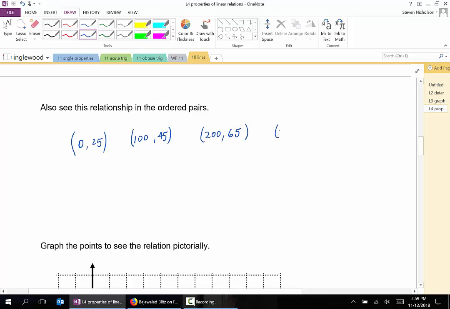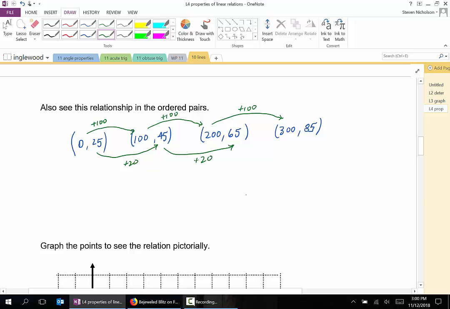What you should notice is there's also a pattern when we go from 0 to 100, 100 to 200, 200 to 300. Here's our plus 100 pattern, there's our plus 100 pattern, etc. And underneath, here's our plus 20 pattern, our plus 20 pattern, and finally, our plus 20 pattern.